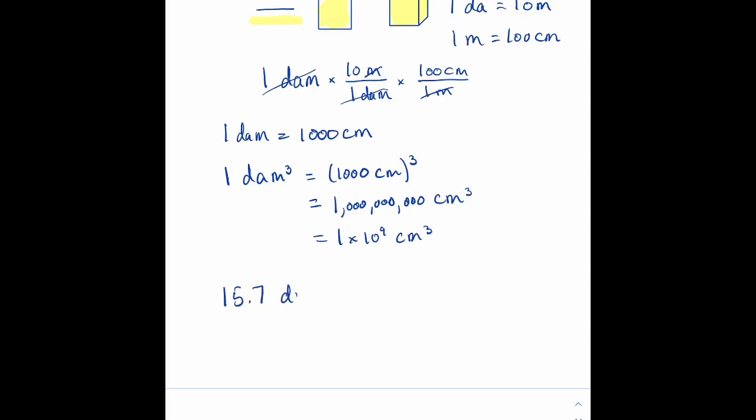And now, 15.7 decameters cubed. We can do the factor label method. We can just exchange cubic decameters for 1 billion cubic centimeters.